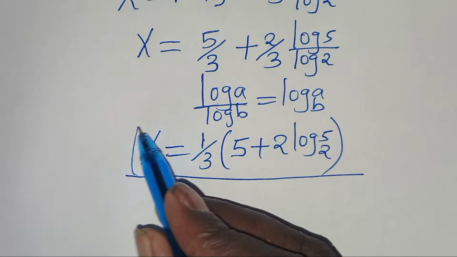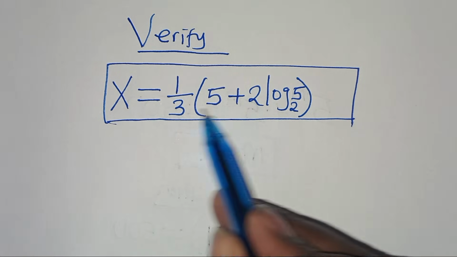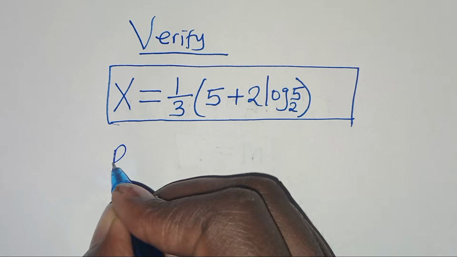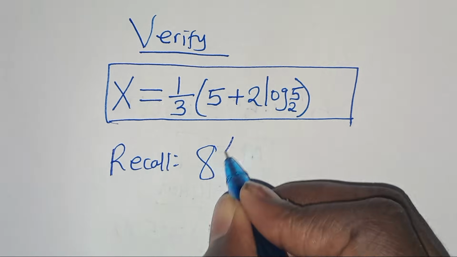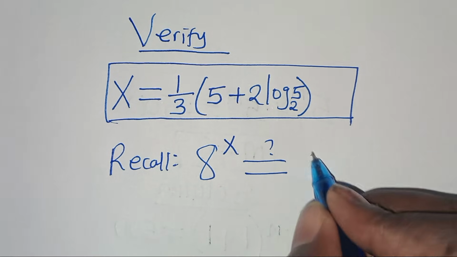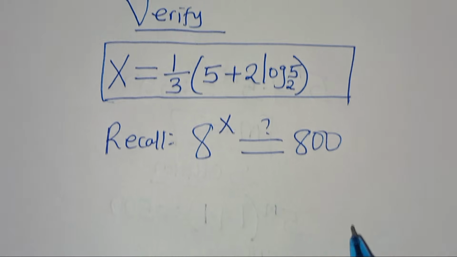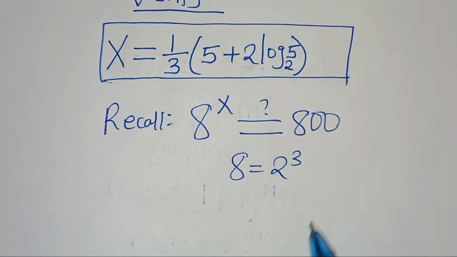The next step is to verify that this value of x satisfies the equation. If you recall, 8 to the power of x is supposed to give us a value of 800. We can express 8 as 2 to the power of 3.